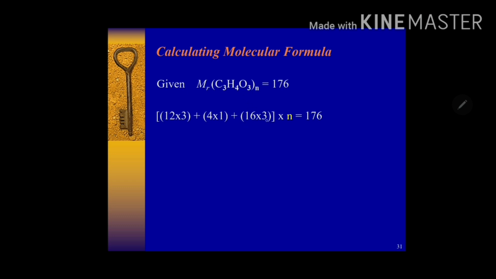There are 3 oxygens. So find the value, and times n is equal to the answer, which is 176. So it is 88 times n equals 176. So find n equals 2.